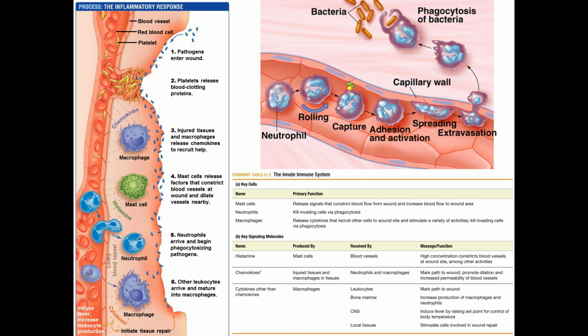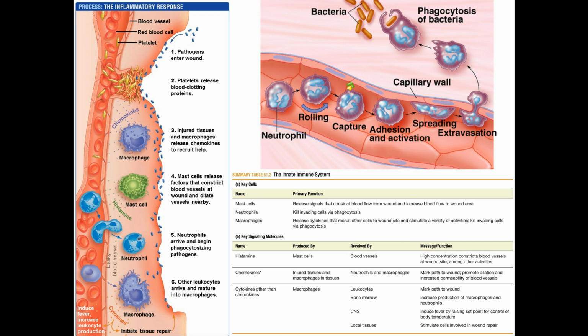You're going to have your neutrophils that eventually migrate to the site of injury. Now, the reason these neutrophils and monocytes can move through the vasculature is because at the site of injury, you're going to have vasoconstriction.